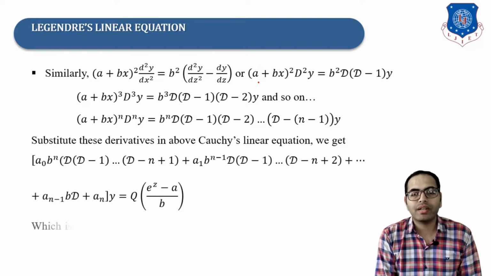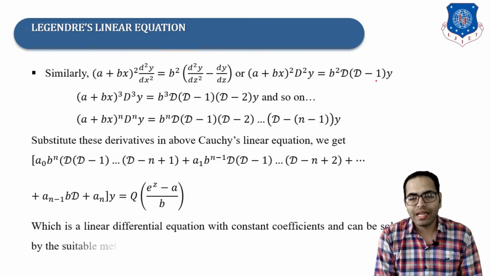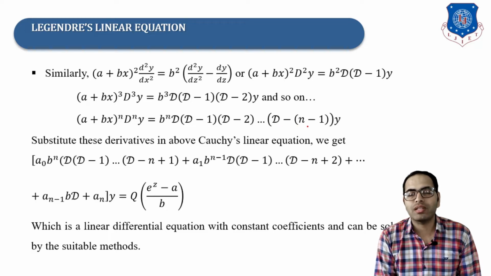Simplifying, (a plus bx) whole square D square y equals b square D(D minus 1) y. Similarly for the third order derivative, b cube D(D minus 1)(D minus 2) y, and so on. In general, the nth derivative term becomes b raised to n D(D minus 1)(D minus 2) up to (D minus (n minus 1)) y.